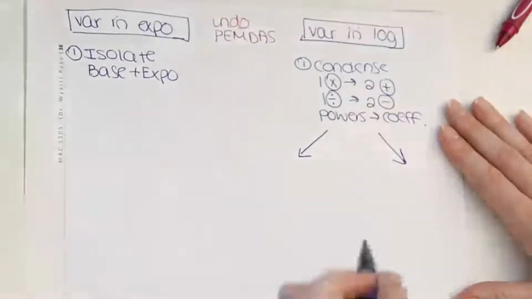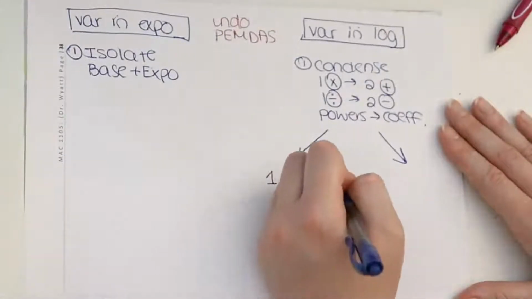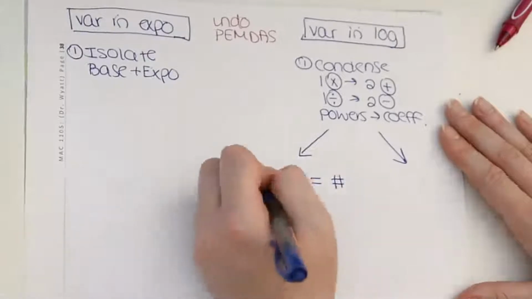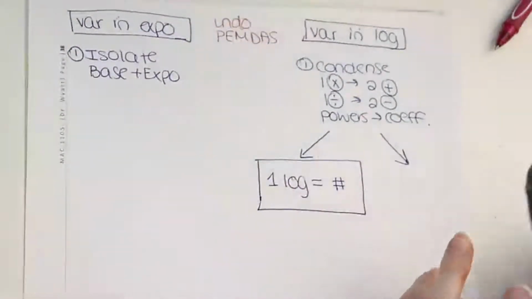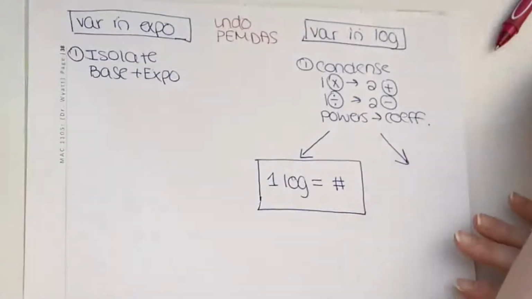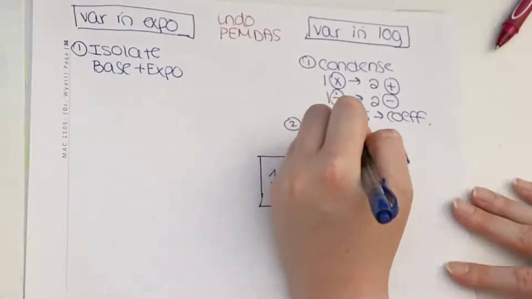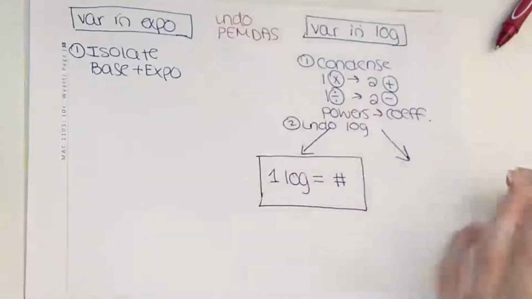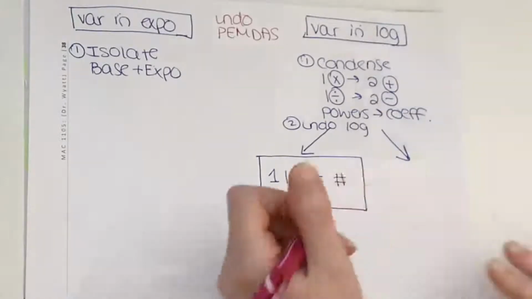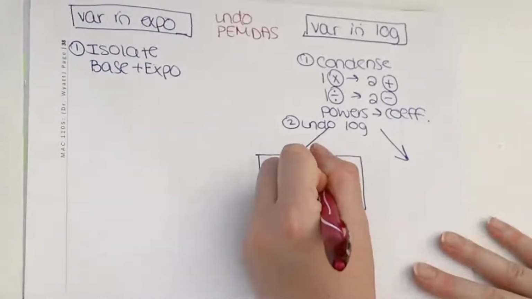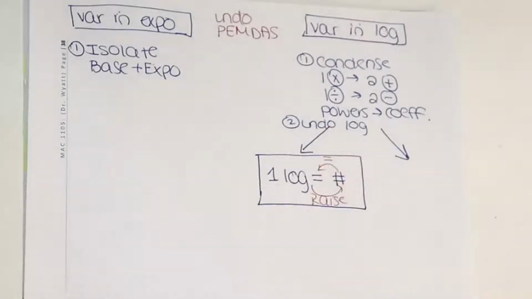One situation is that you can have a single logarithm equal to a number. If that happens, then step 2 is where you're going to try to undo the log. If it's a single log equal to a number, the way that you undo that logarithm is with the raise equal to.